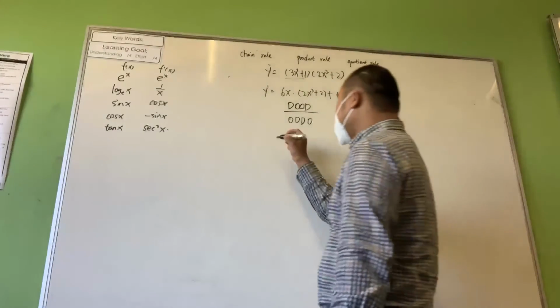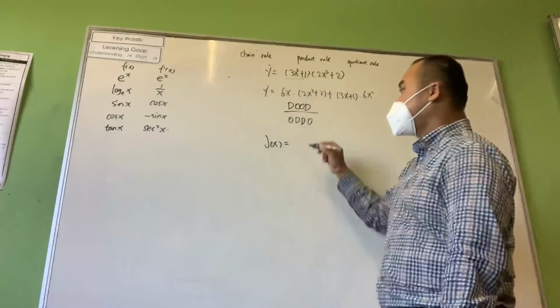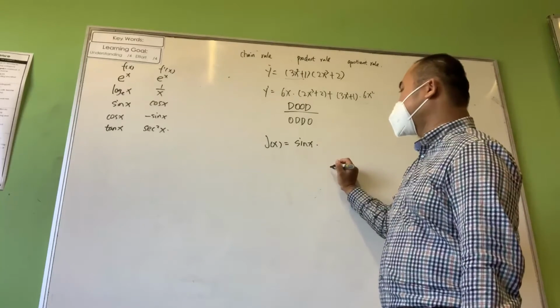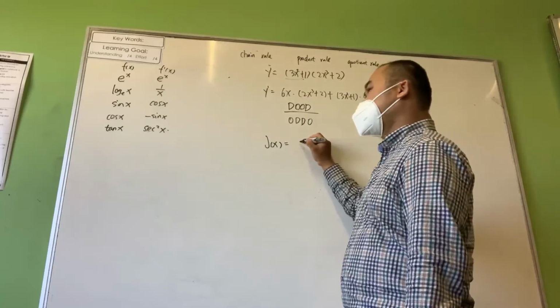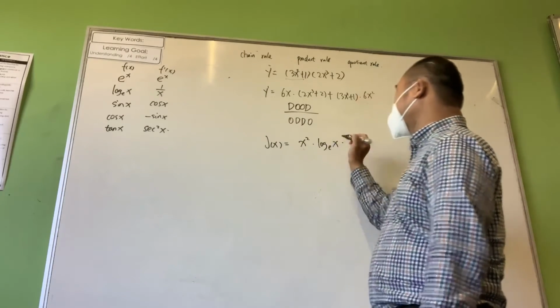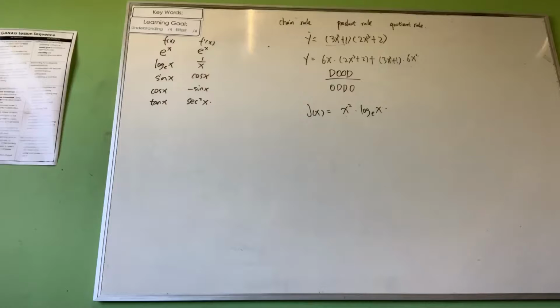Let's have a go. j(x) equal to, what do you like? Try sine x times some... Now, let me try this one: x squared times log x. It would be a very nice one. Sure.